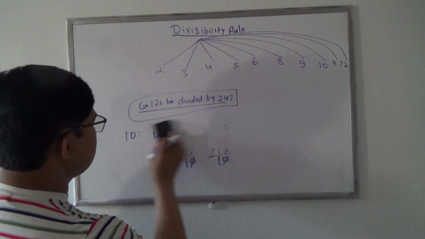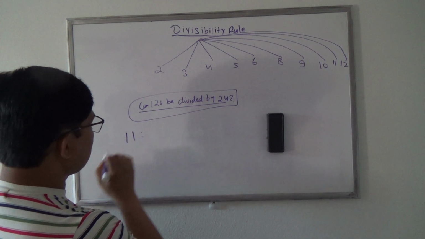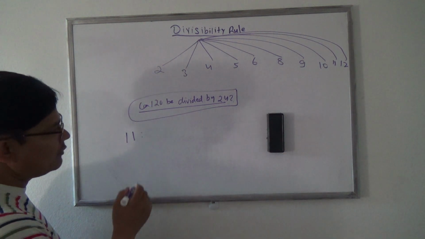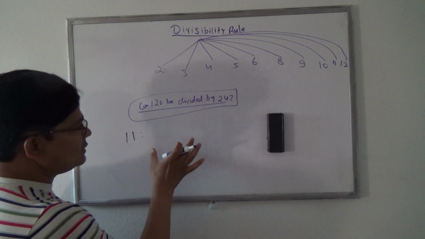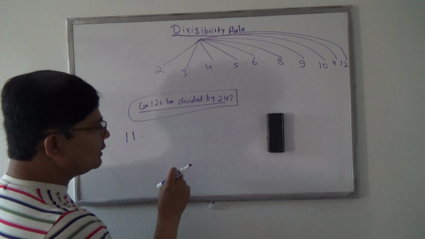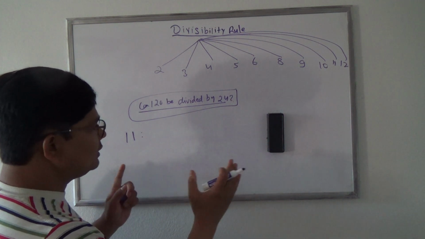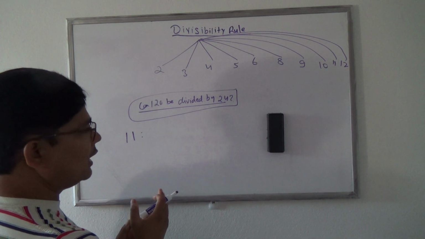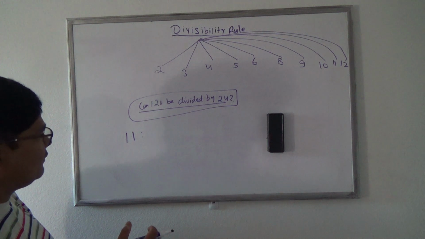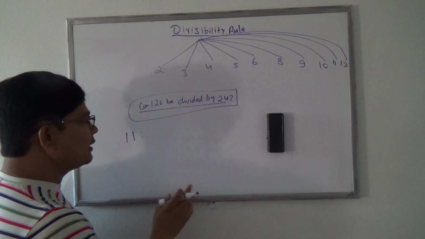What about 11? Okay. So for 11, you have to take the sum of digits at odd places and the sum of digits at the even places, and then take their difference. And if the difference can be divided by 11, then that number is divisible by 11.